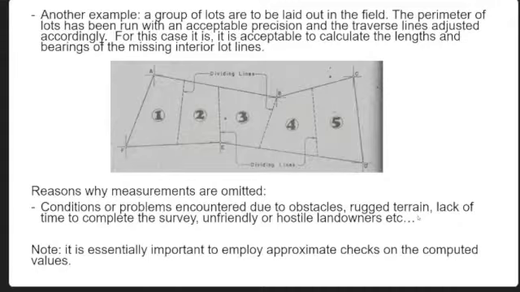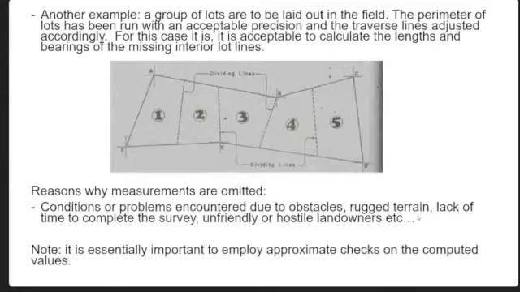And if ever you have 5 siblings, hahatiin sa 5 yung lote ninyo. Yung mga dividing lines will be the missing or the omitted lines na pwede natin computein on our field notebook.